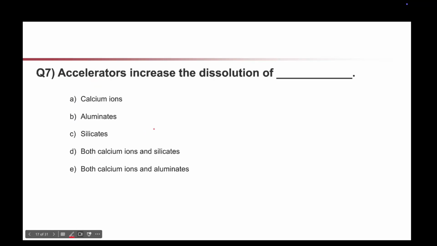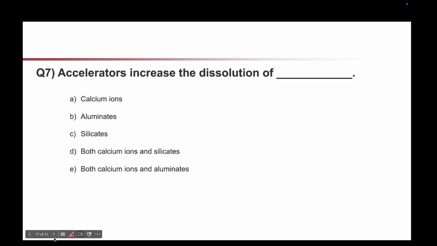Next question is, accelerators increase the dissolution of: calcium aluminates, silicates, both calcium and silicates, or both calcium and aluminates. In an accelerator, what is happening? Your setting time is reducing. It is setting very fast, or the reaction is rapid.